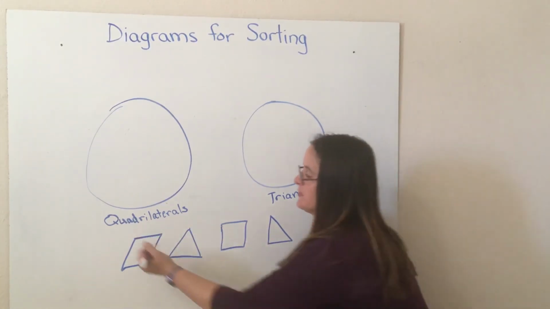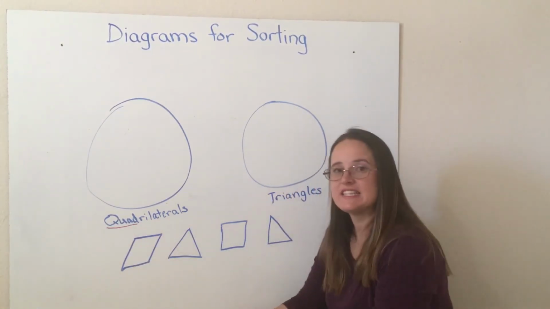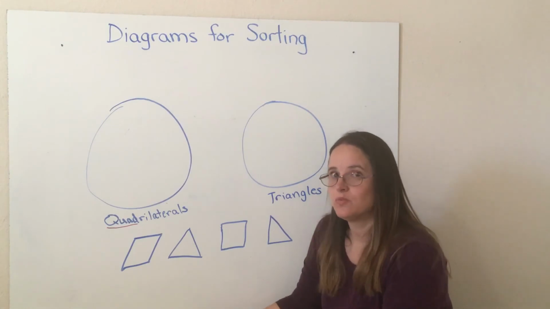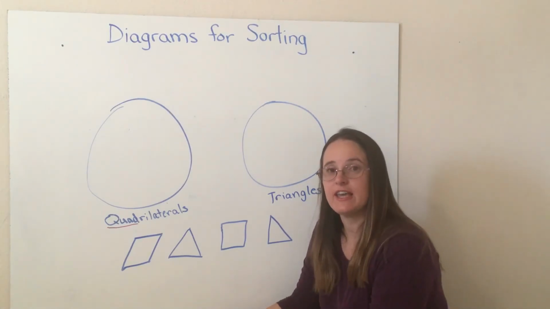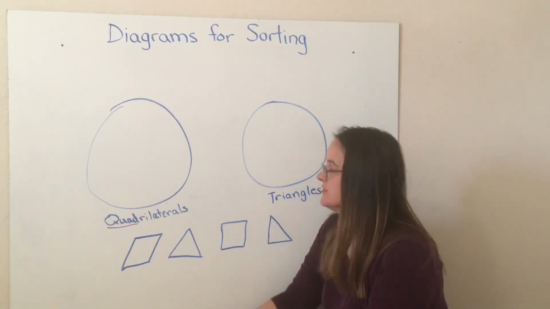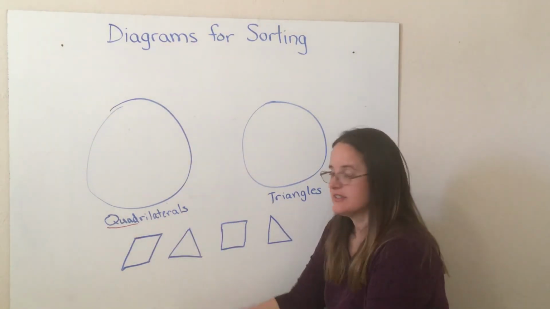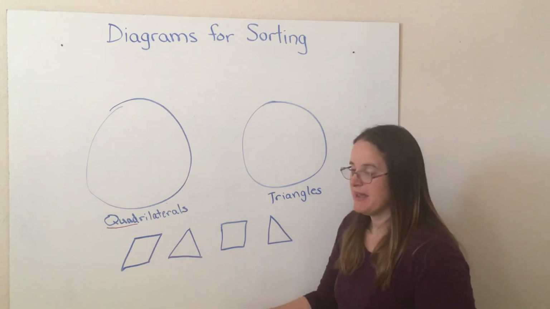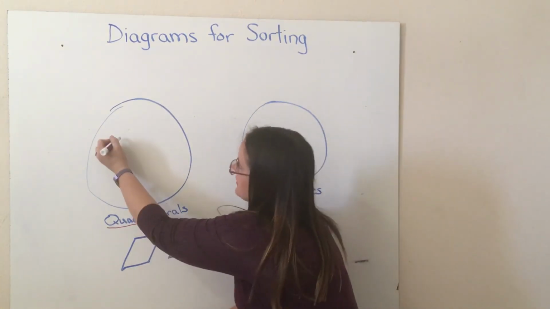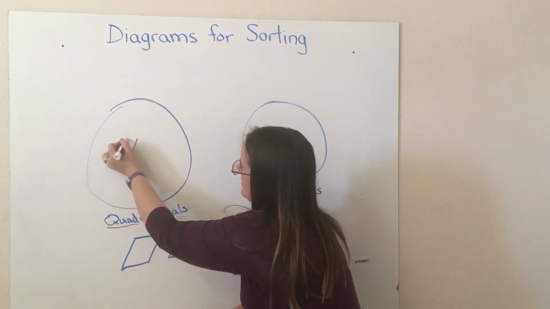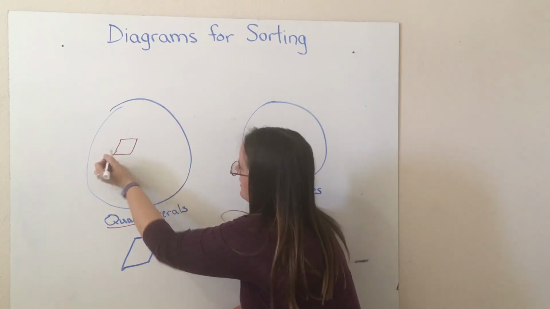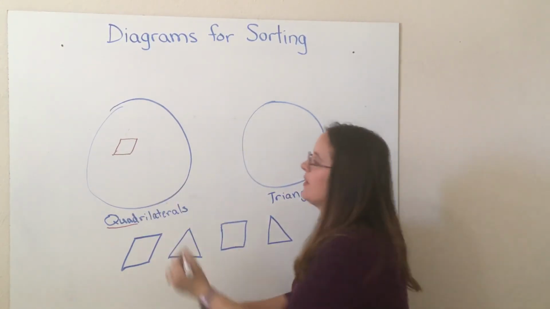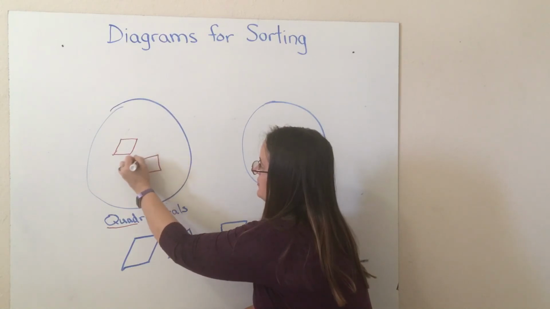Quad, if you remember from previous lessons, means 4. Like if you're riding a quad, we're talking about a vehicle that has 4 wheels. So quadrilaterals is going to be a shape that has 4 sides. My parallelogram will go over here in the quadrilateral side. And my square will go over here in the quadrilateral.